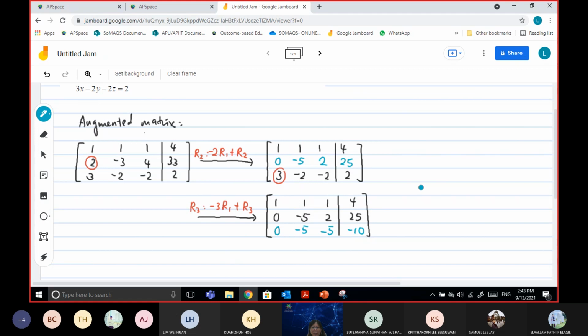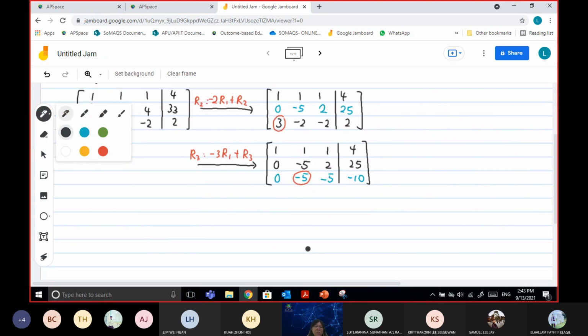So now we have settled the first column, because you already got two zeros. Next, we come to the second column, and we want to make this third value become a 0. Guys, I know why you say this is easy. To be frank, this question is easy because they give you easy figures to work with.